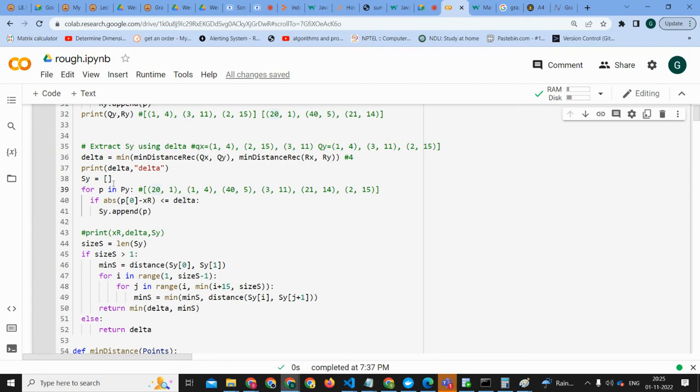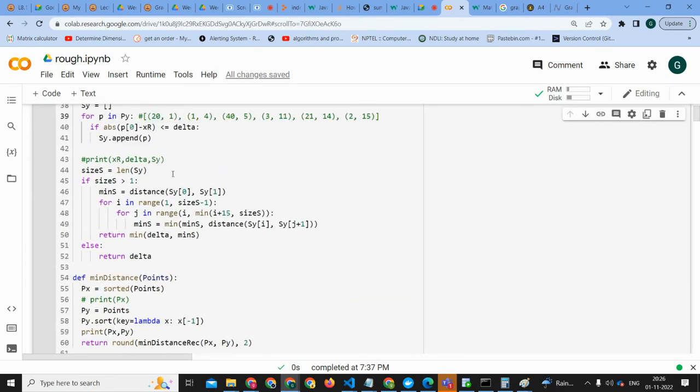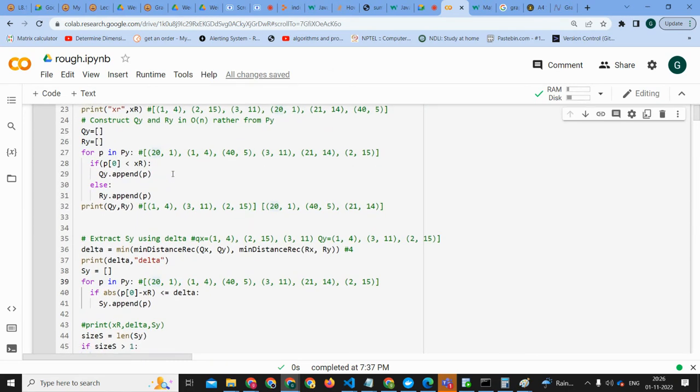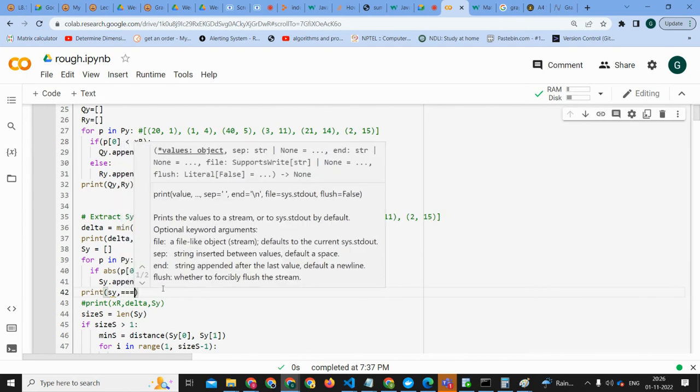Yes, we are appending it into SY. So the first point will not be included, the second we will include, right? What did we get delta as? I think we got delta as 4.12. The second point also we cannot get, 1 minus 20 it is actually. The third point is also not there. 21 will get added, 21 minus 20. So SY will have 2 points, I think? Only 1 point, no? The first point, 20, it's less than or equal to delta. Okay. Then.